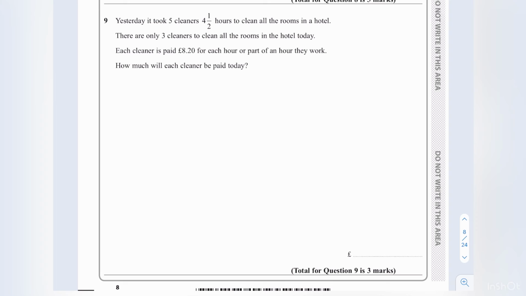Okay, question 9. So it took 5 cleaners 4.5 hours to clean all the rooms in a hotel. So 5 cleaners, 4.5 hours. There's only 3 cleaners in the hotel. So to begin with, let's work out how long it would take for 1 cleaner to clean the hotel.